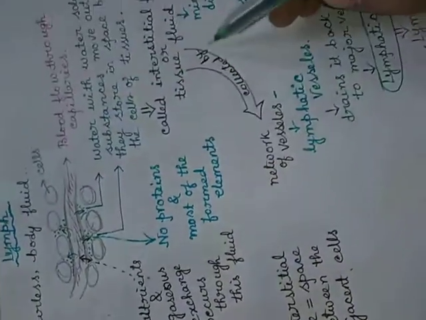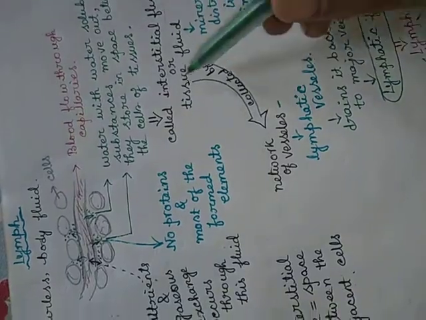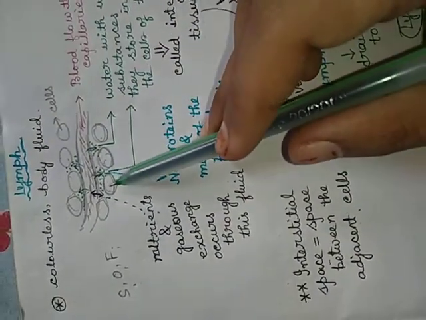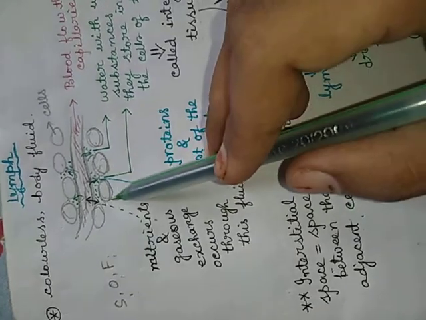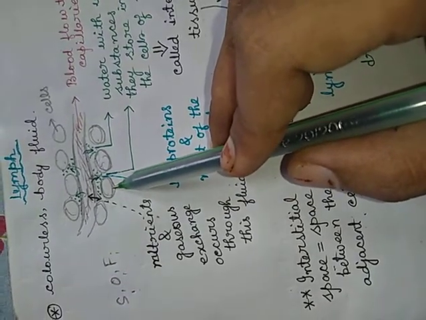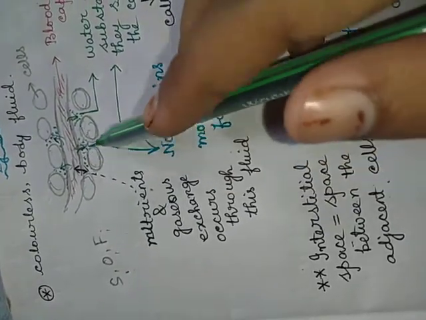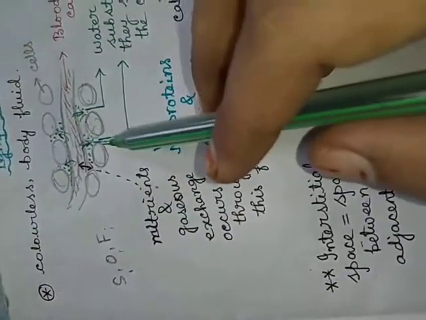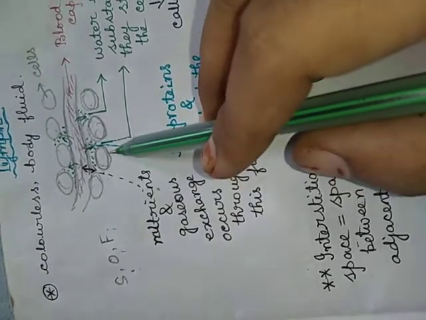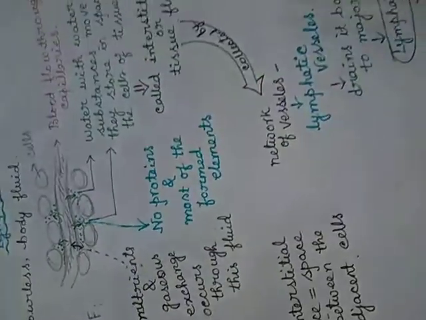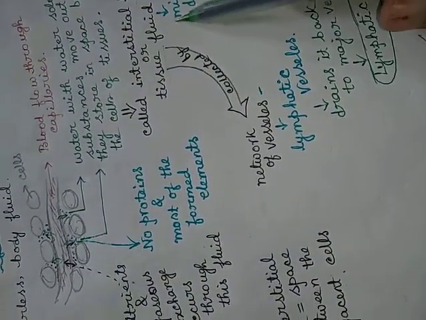That's why it is called interstitial fluid, or also tissue fluid. Why? Because in a particular tissue, these are the cells which form the tissue. The cells of the same structure, origin and function combine with each other and form the tissue, and the fluid is stored in between the cells. That's why it is also called tissue fluid.